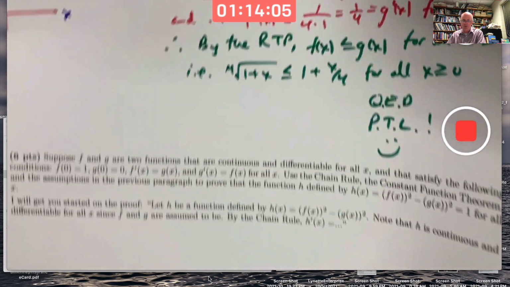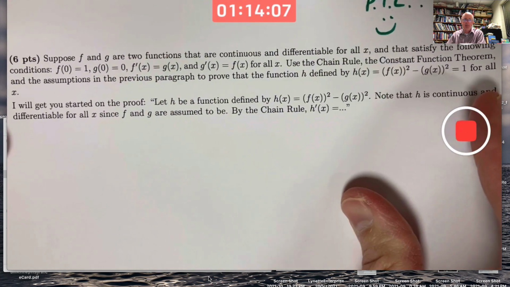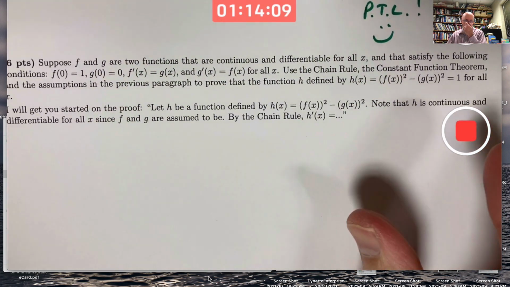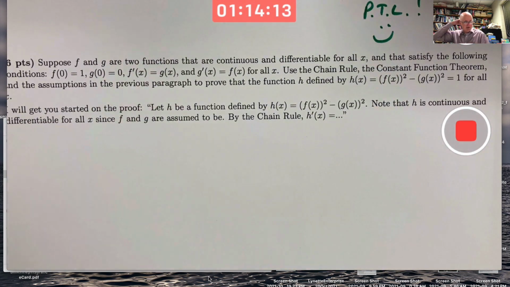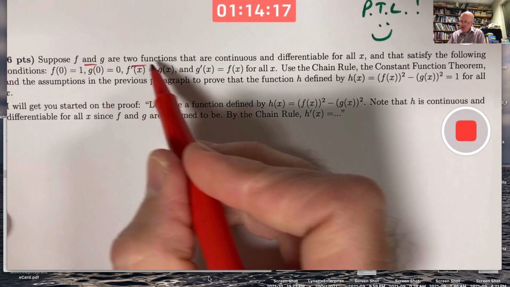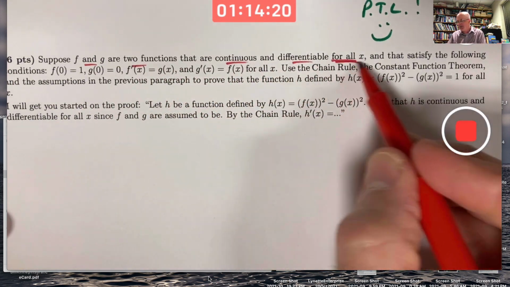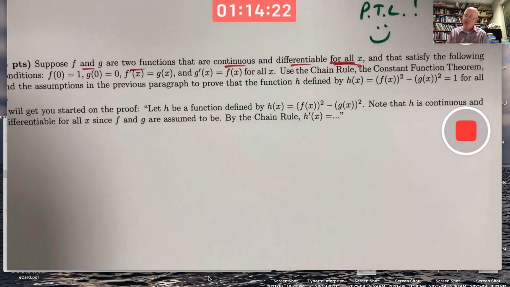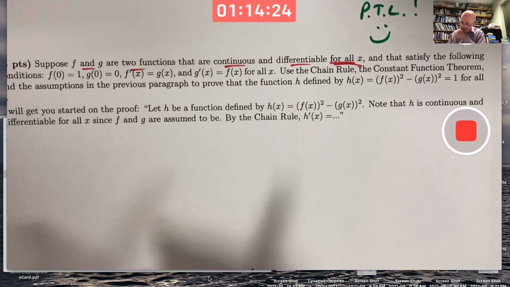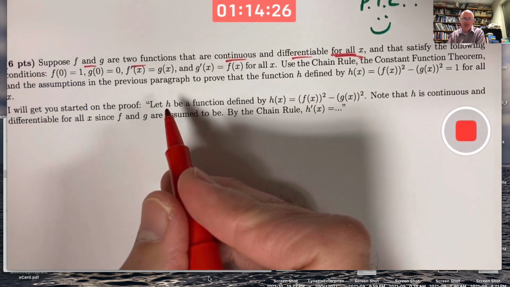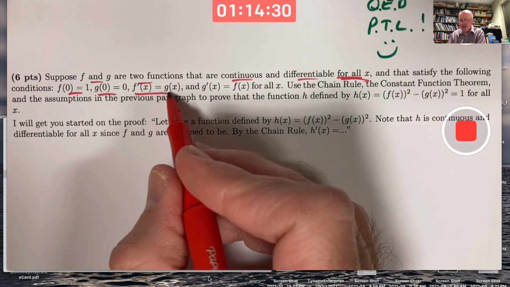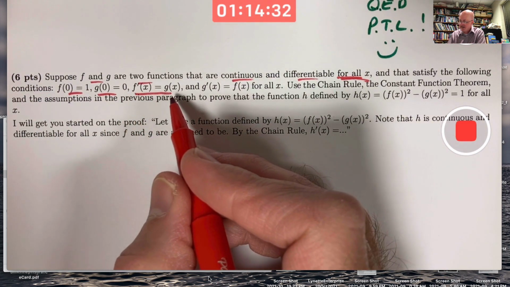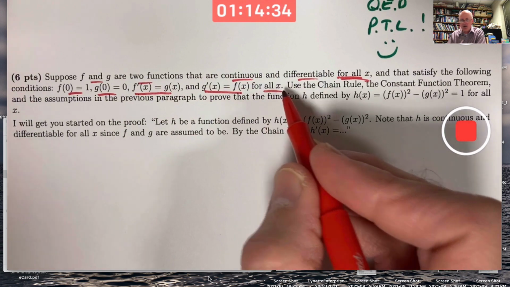Last problem, which is also a proof. It starts off sounding a little bit like the mean value theorem. f and g are two functions that are continuous and differentiable. I'm going to go ahead and say for all x, instead of over just an interval from a to b, and they satisfy some other conditions. f of 0 is 1, g of 0 is 0, f prime equals g for all x, and g prime equals f for all x.